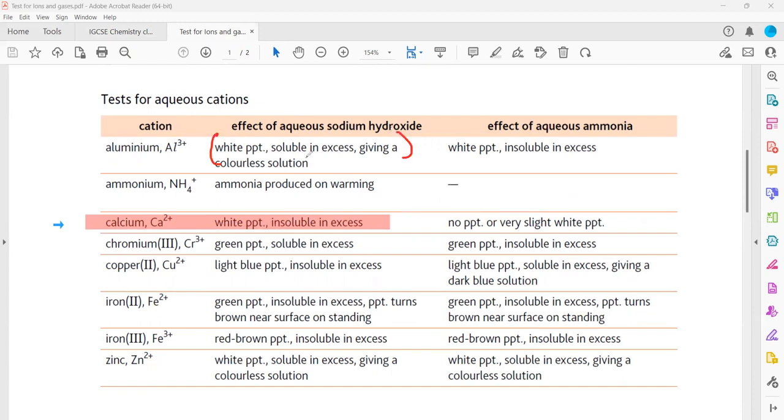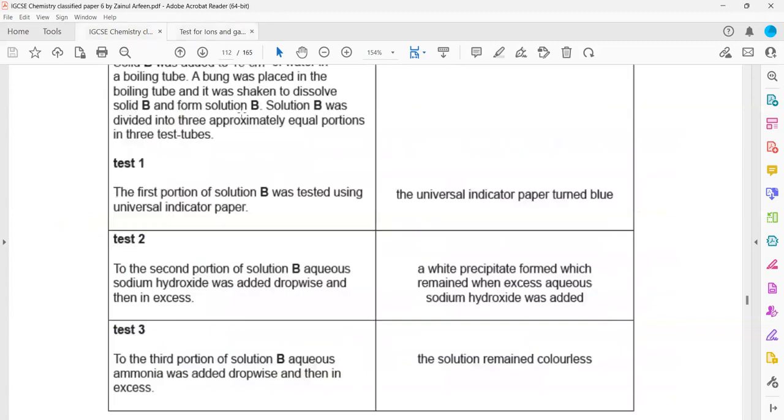Aluminium also gives white PPT, but it dissolves in excess. Zinc also gives white precipitate, but it also dissolves in excess. So it cannot be zinc or aluminium. So we are left with only calcium. Other precipitates are colored.